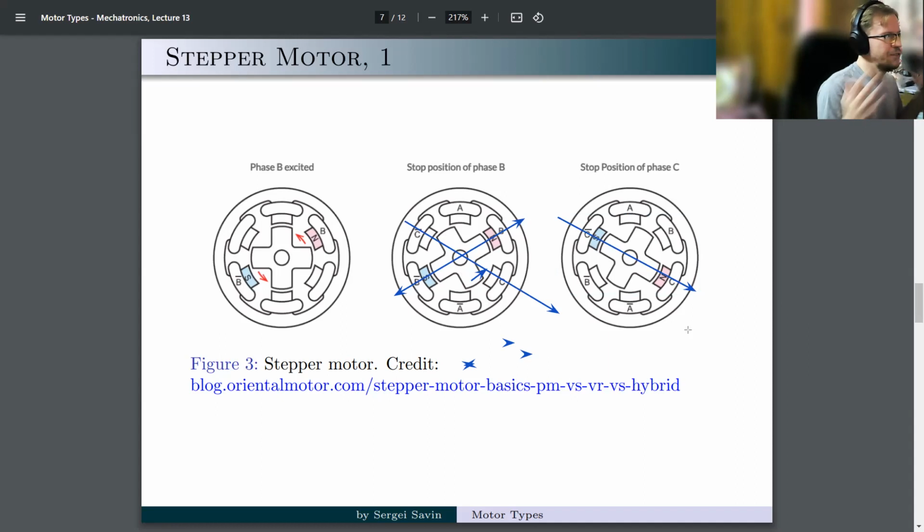Basically, you can think of stepper motor design as exactly the same as AC motor design, where we switch on the sources of magnetic field and our magnet, in this case it is slightly different, but let's say our magnet orients itself along the magnetic field.